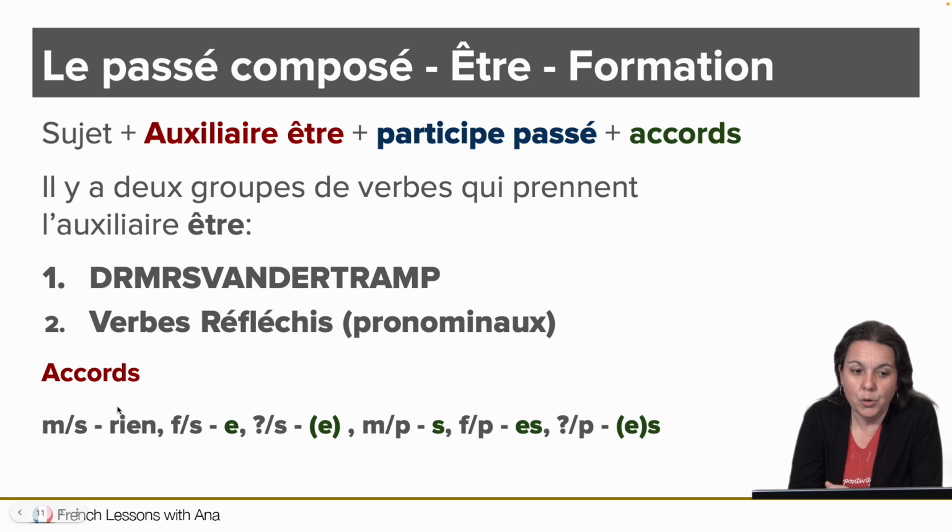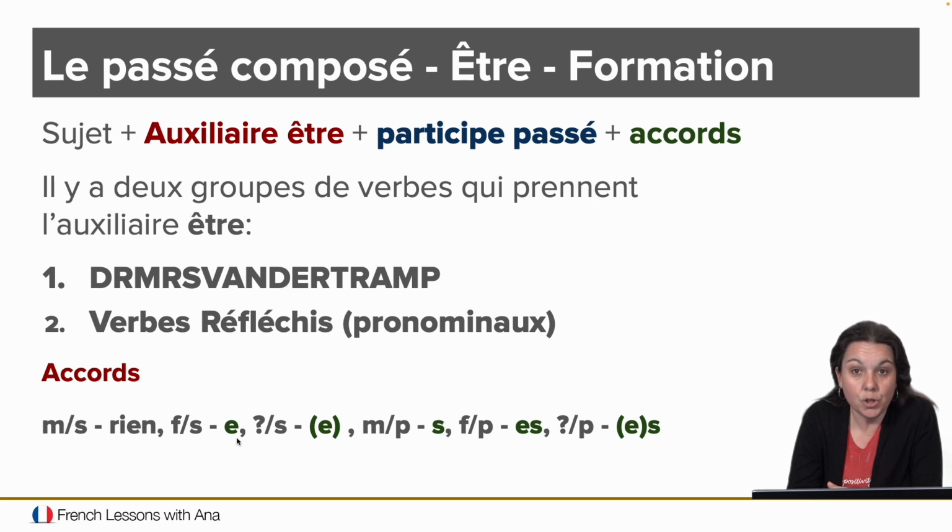So if your subject is masculine singular, rien, on n'ajoute rien. So that means we do not add anything. Just leave the participe passé, this guy over here, as is. If your subject is feminine singular, such as elle, right, you must add an e at the end of the participe passé.